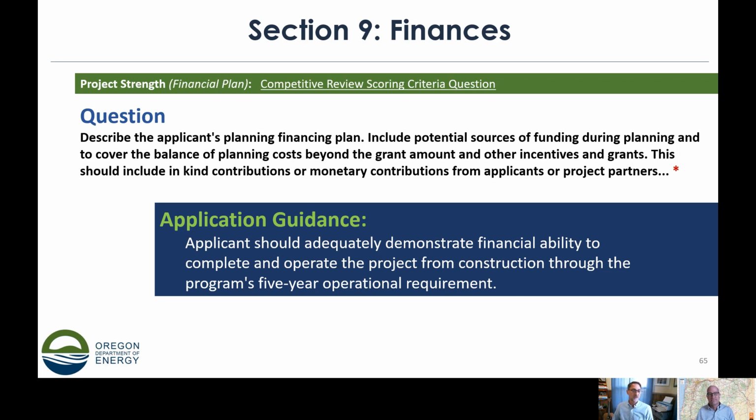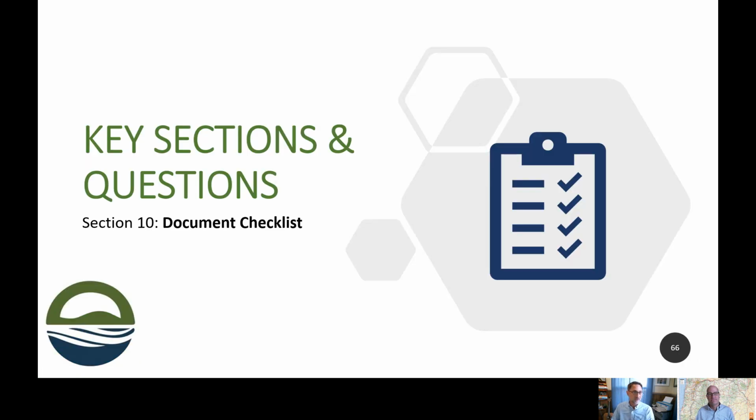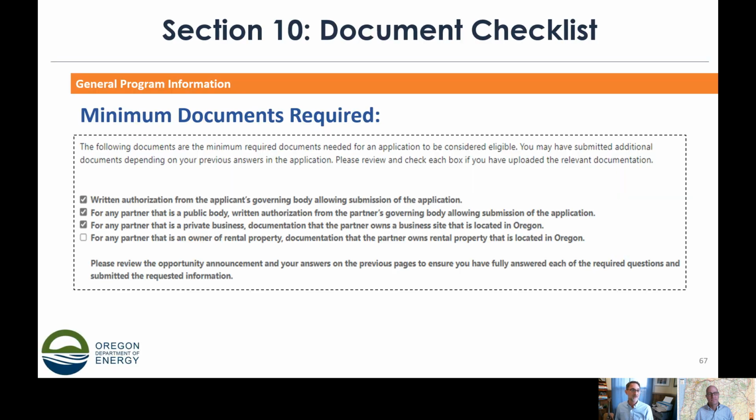Right. Okay, and we're getting close to the end of this video and the series. We're just going to briefly do a quick walk through the final part of your application right before the signature page. And that is section 10 on the document checklist. And this is just an area beyond what you may have uploaded as supporting materials.